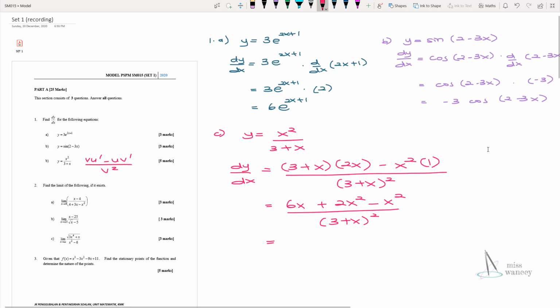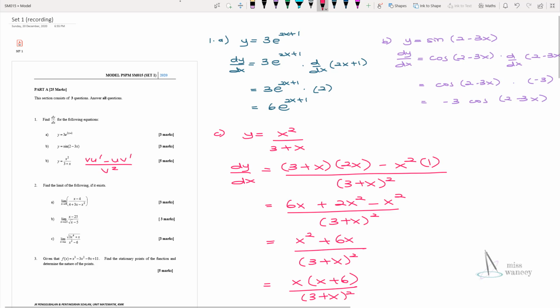Okay, so simplify. I have 2x squared minus x squared, so it will become x squared plus 6x over 3 plus x squared. Factorizing the x for my numerator, I will have x times x plus 6 over 3 plus x squared.